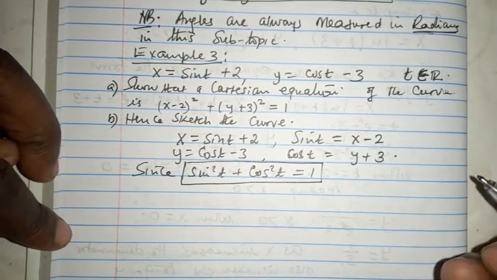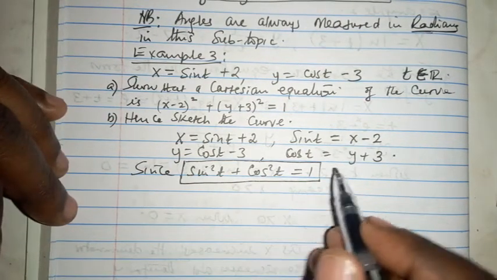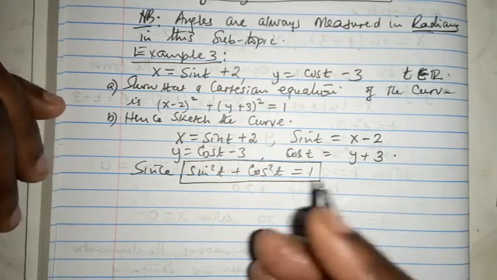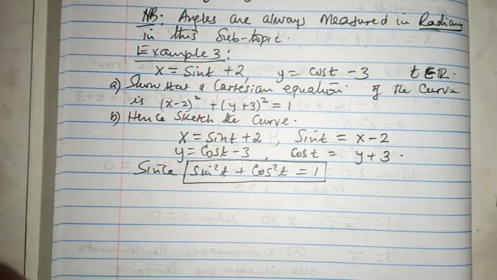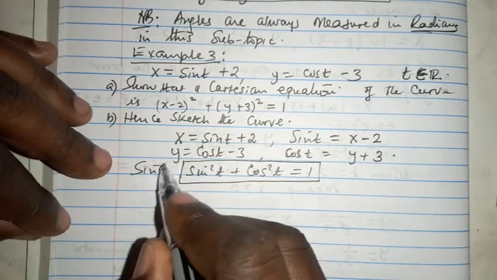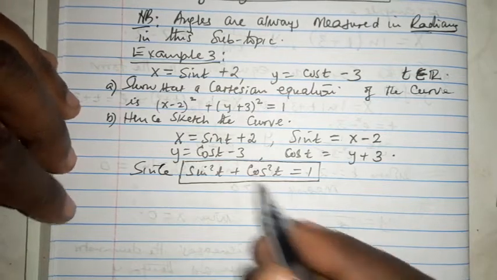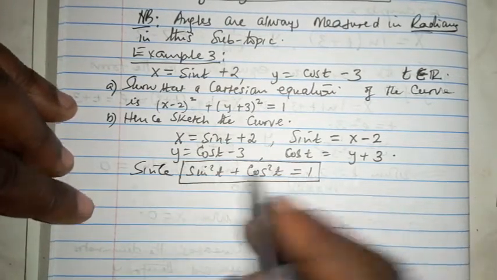Remember, we have two primary identities: sine squared t plus cosine squared t equals 1, and sine t over cosine t equals tangent t. Of course there are so many others, as we understood in Pure Mathematics 3. But for now, we are going to use this.